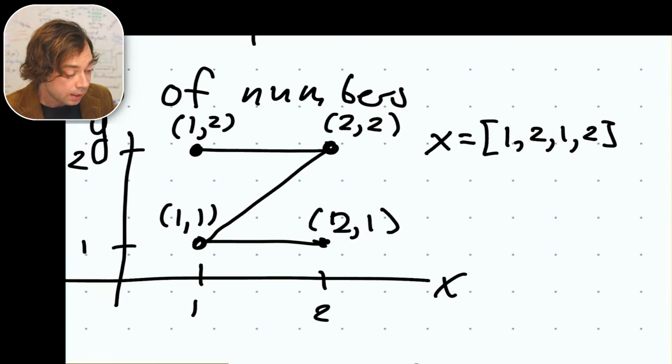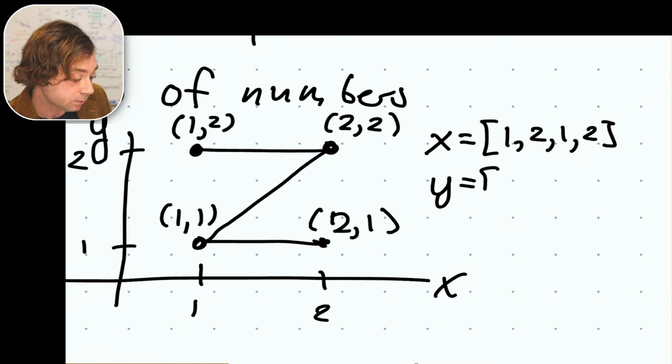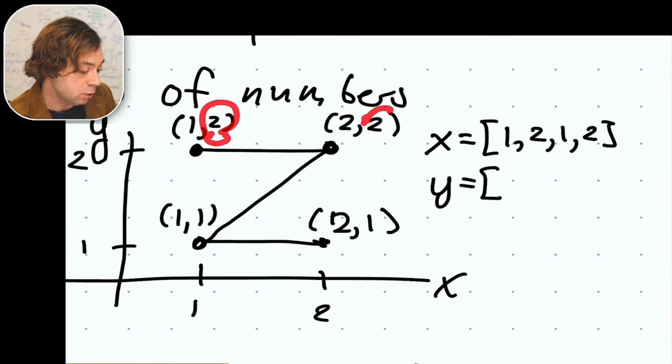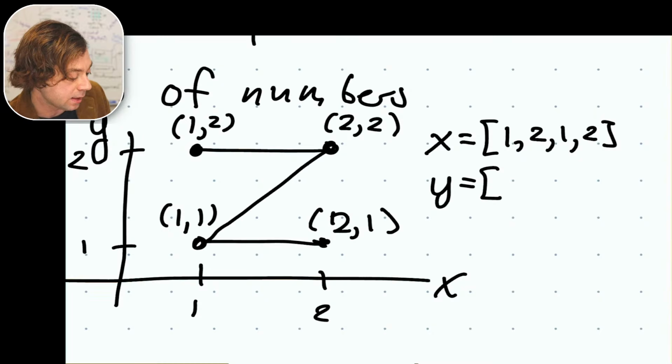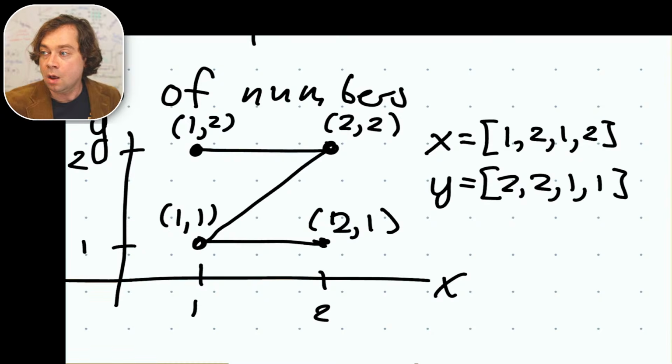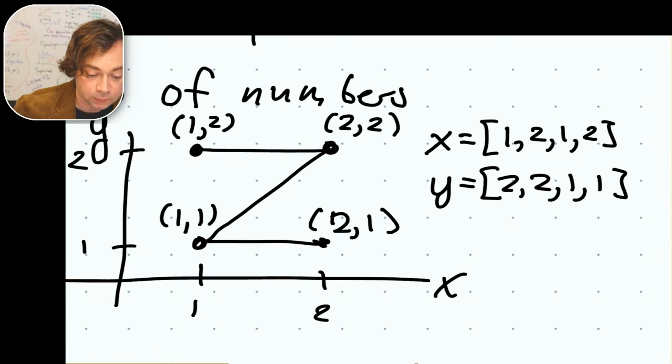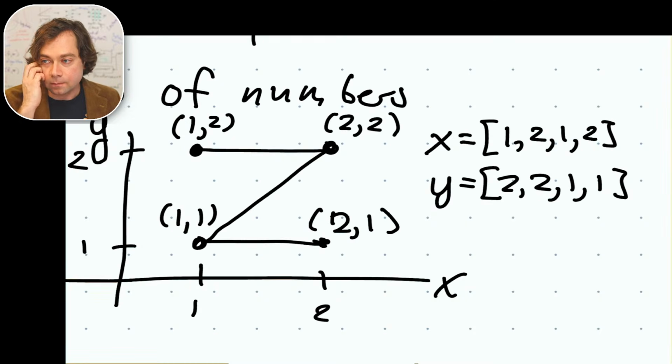Right? And my y points would be 2, 2, 1, 1 in the order that I want this line drawn. Okay? So I could say 2, 2, 1, 1. All right?